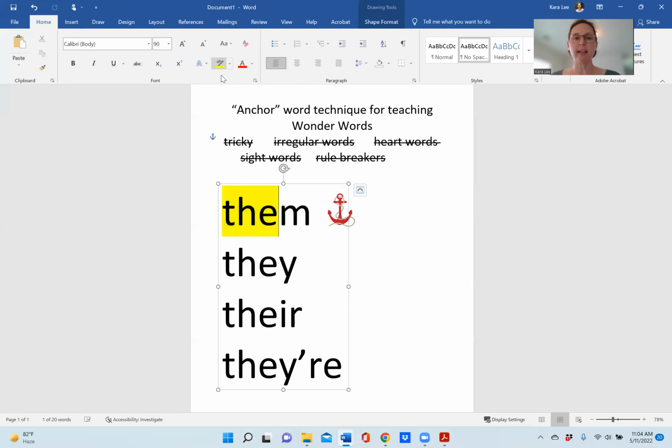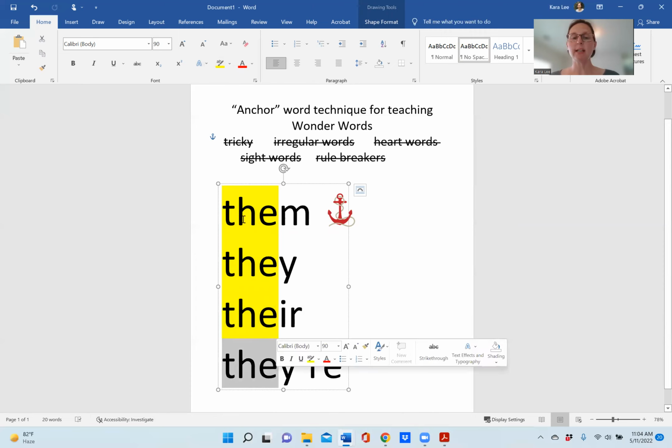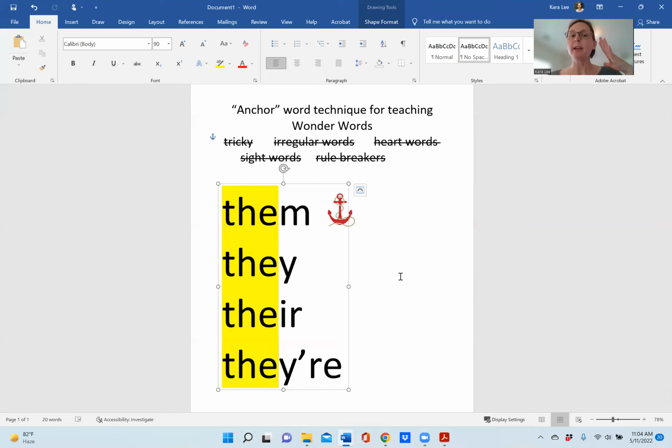And let's highlight that. Does this word have T-H-E? Sure does. Does this have T-H-E? Yep, sure does. And this one? Absolutely, very good. So their spellings share something in common because they mean similar things.